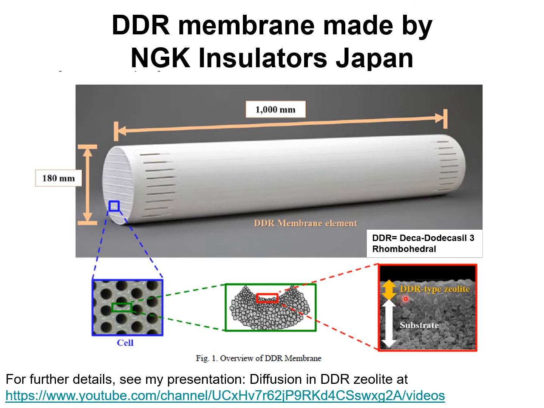This layer consists of DDR zeolite that allows selective CO2 permeation from a CO2 methane mixture.